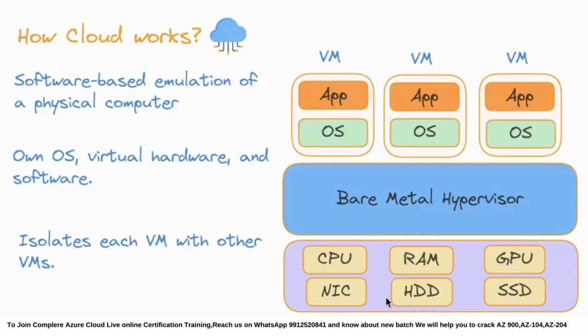Once again, the bottom layer will always be hardware, which the cloud platforms take care of. And again, we have a hypervisor, which is also maintained by the cloud platforms. The main use case of this hypervisor is to virtualize the underlying hardware.